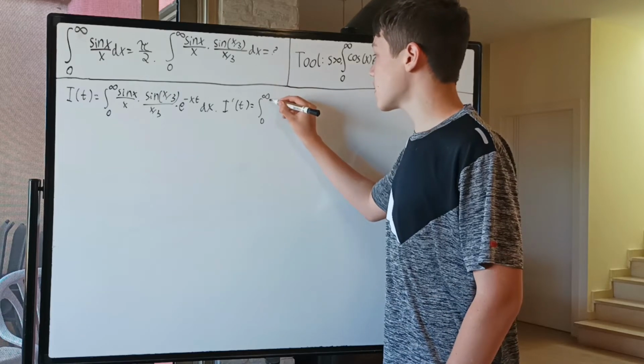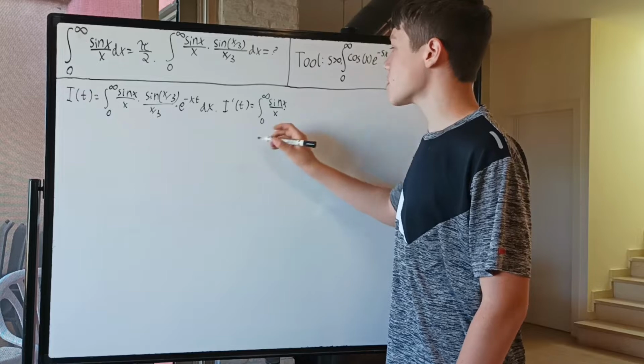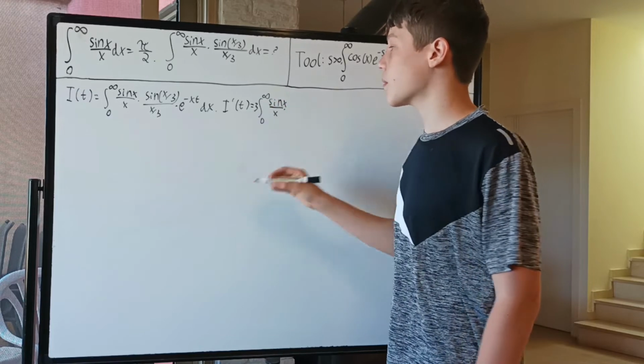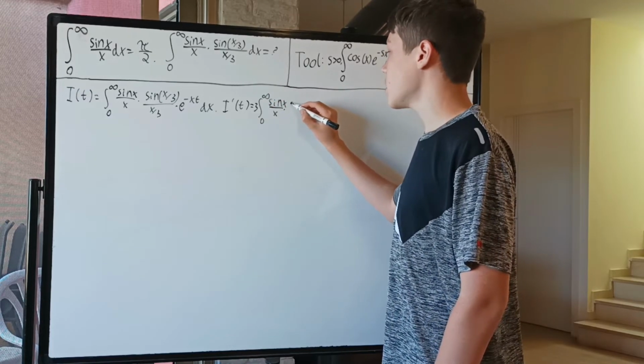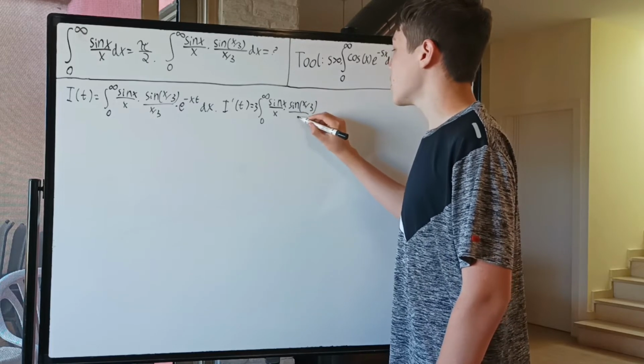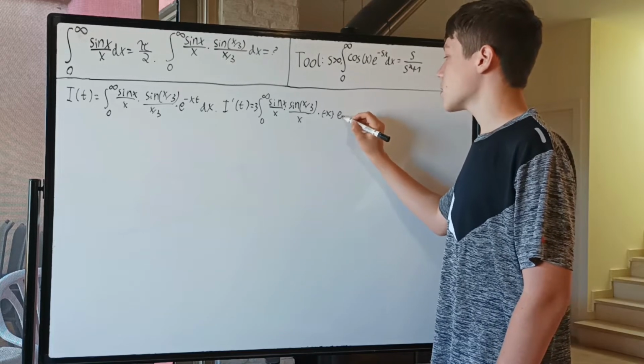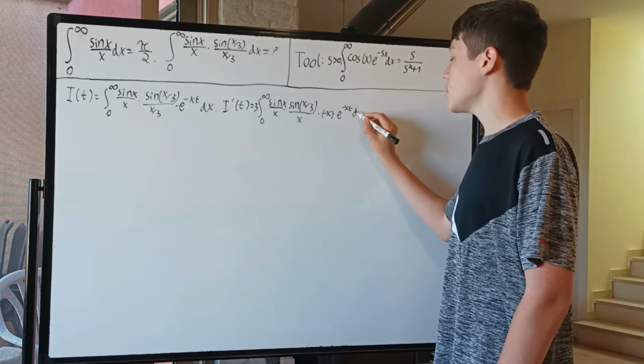Meaning that this is going to be sine x over x. And I'm just going to already put the 3 outside here, times sine x over 3 divided by x, times negative x times e to the negative xt dt.